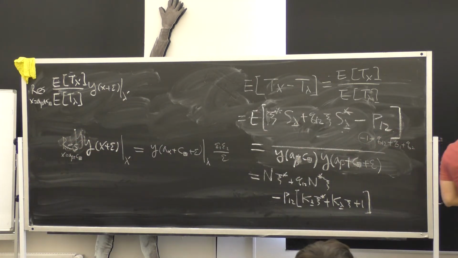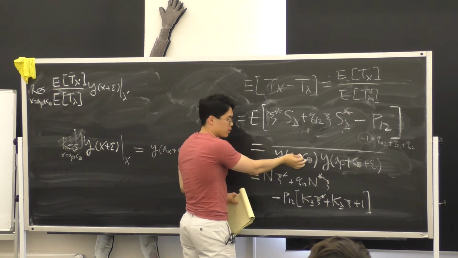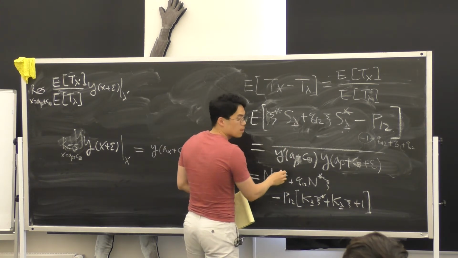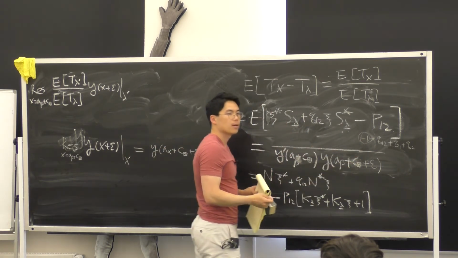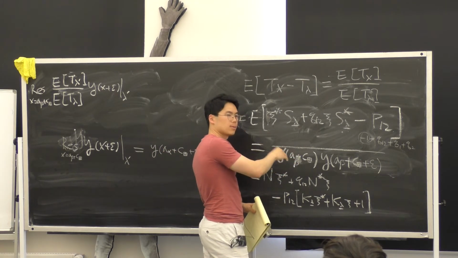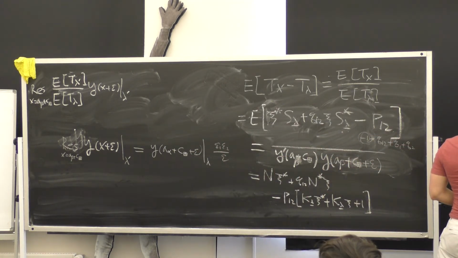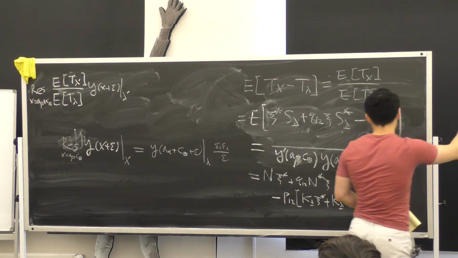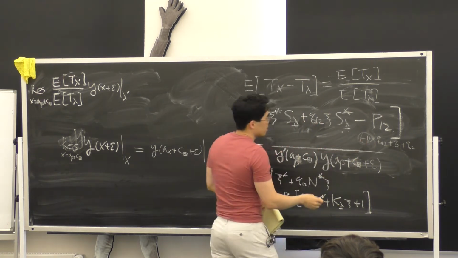So one term is 0, so we have to take the derivative with respect to s and evaluate here to cancel this. By doing so, we cancel that term, which makes this term 0, and we have the rest.